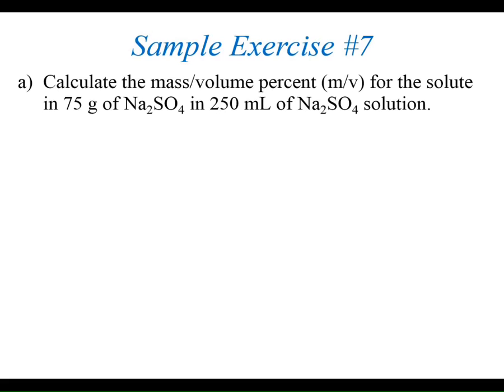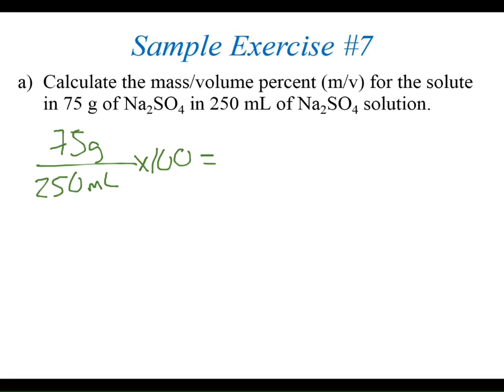Okay, so mass volume. Now we're going to combine mass and volume. Again, just put your mass in grams, put your volume in milliliters, you'll be fine. So the first one's easy. Just take the mass, 75 grams, over the volume of the whole solution, which was 250 milliliters, times 100.